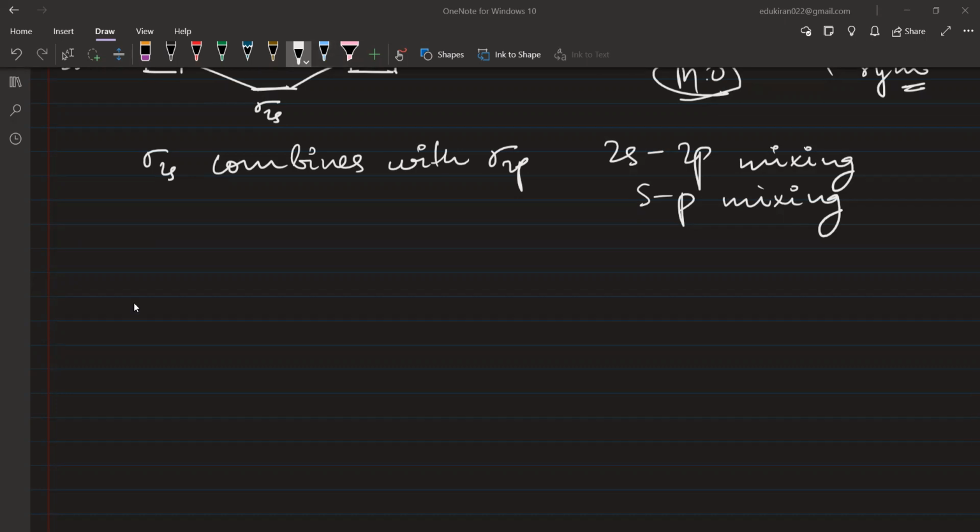Okay, see. Look at page number 131. There is a diagram. नहीं 116 में नहीं होगा. SP मिक्सिंग आपके पास 131 में अच्छे से दिया हुआ है.